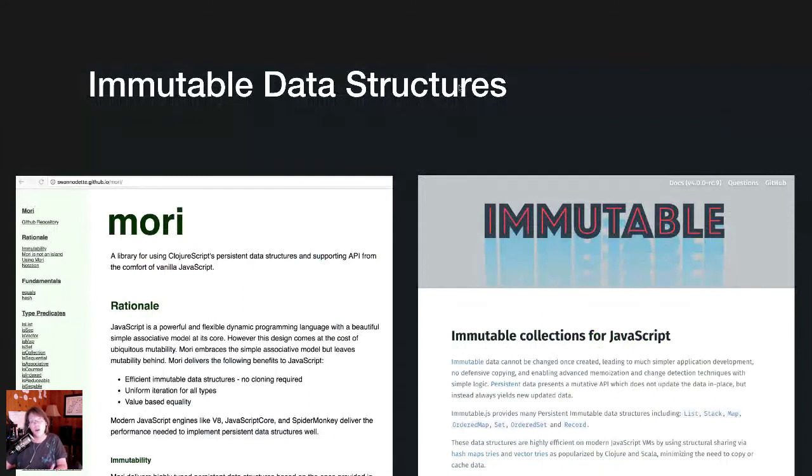Then what we would do is over here with Immutable.js, we can use this package, and it's very JavaScript-like. Yeah, it feels like JavaScript. It's using the same conventions. We get a lot of different immutable data structures: lists and stacks and maps, ordered maps, sets, ordered set, and record. So we get a lot of different things.